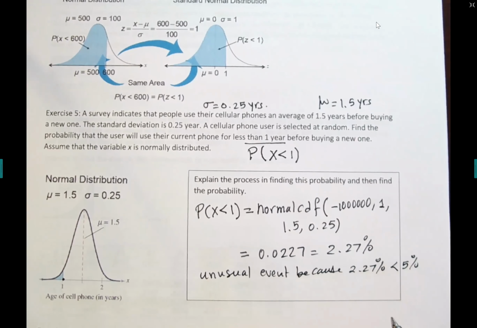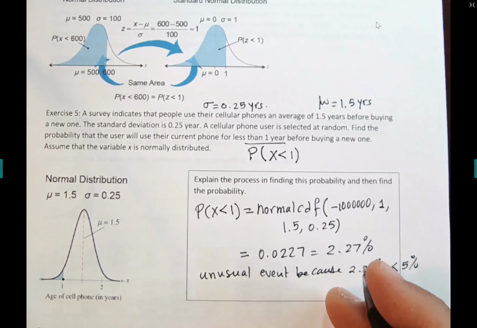Anything below 5% is considered unusual to happen. Many of us who own cell phones know they wait longer than 1 year to replace it because they're very costly, but there are a few who don't, and their percentage is 2.27%.